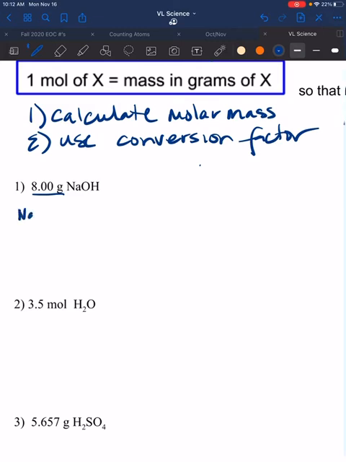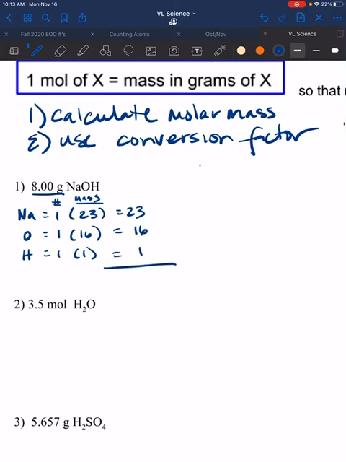So we do that by identifying the elements. We count how many we have of each, and in this we have 1 of each. We get the mass of each. You're looking at your periodic table to figure this out. These are all in grams, and then we just simply add them together to get the molar mass.